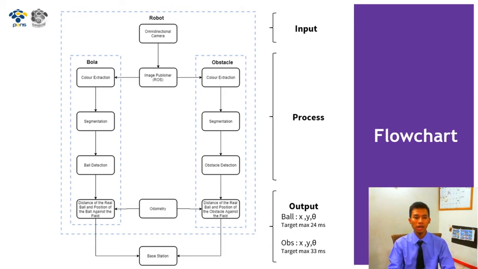In each program there are thresholding, color extraction, segmentation, ball detection, and calculating the distance of the real ball or obstacle position in the field by adding the odometry and some calculation methods. Then the robot must send this to the base station using some network. The output target is 24 milliseconds for the ball and 33 milliseconds for the obstacle.